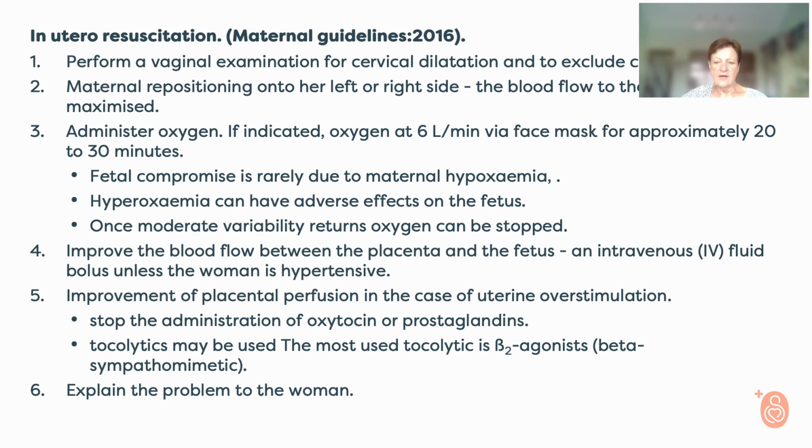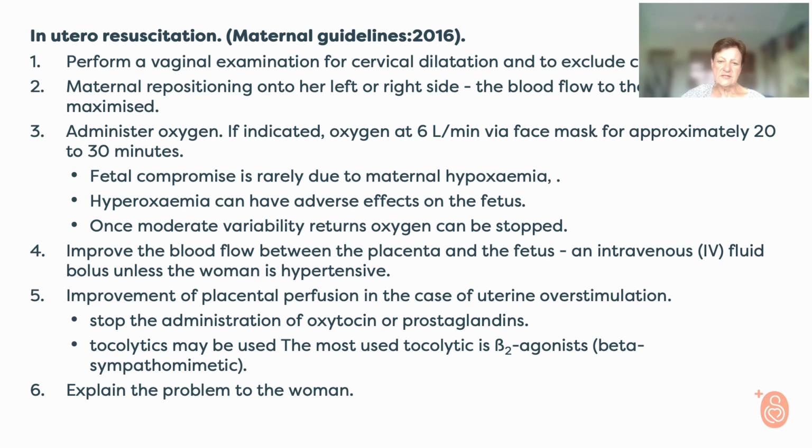Now, we have talked in all 3 previous slides about in utero resuscitation according to the maternal guidelines, and I will just go through them very quickly, as we have talked about them many times previously. First of all, one will perform a vaginal examination to exclude cord prolapse and to also determine what the cervical dilatation is.